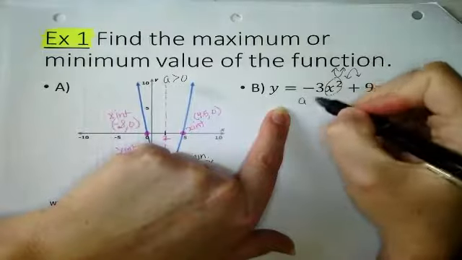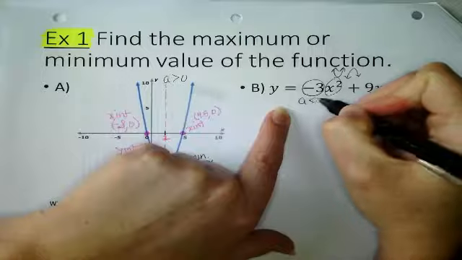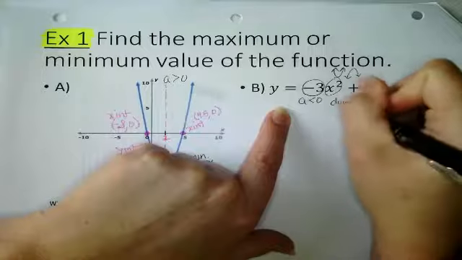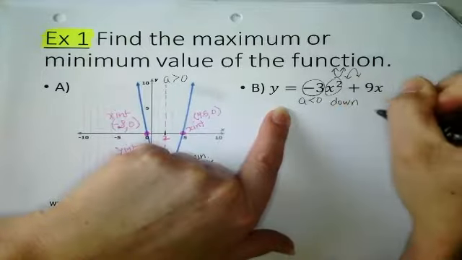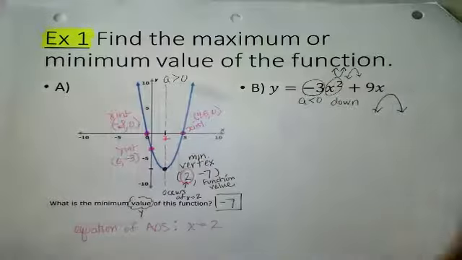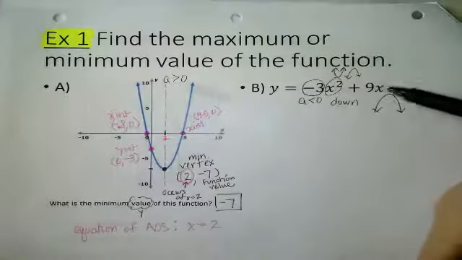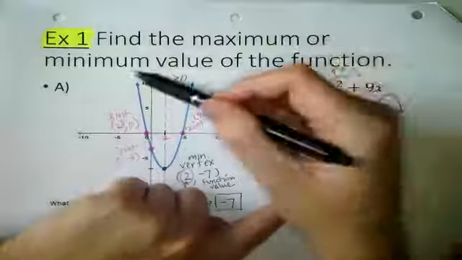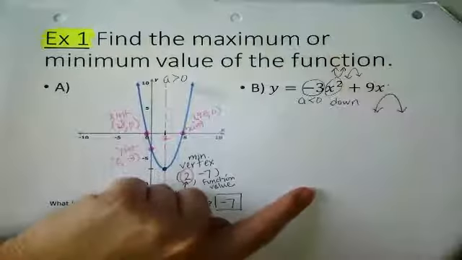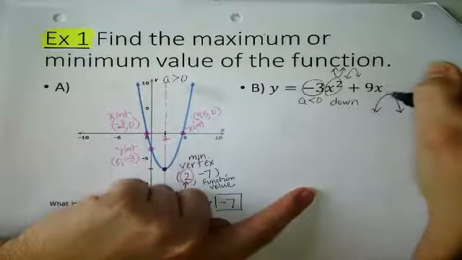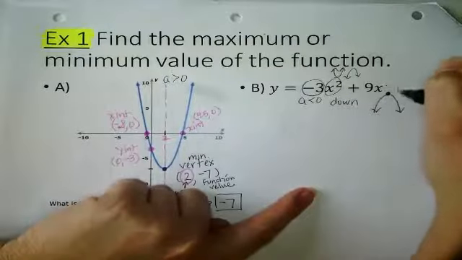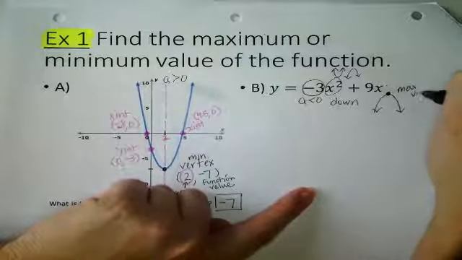That's right, the a value, -3, is less than 0. So we know it's a downward parabola, and it looks something like this. So the question is, does this function have a maximum or a minimum value? Well, if it's a downward facing parabola, then it must have a maximum value.